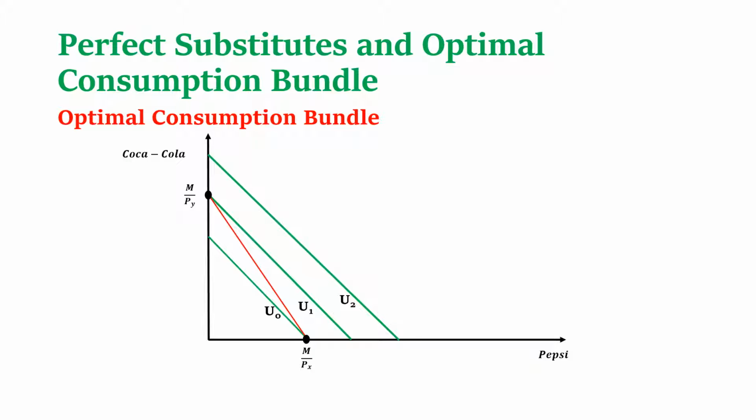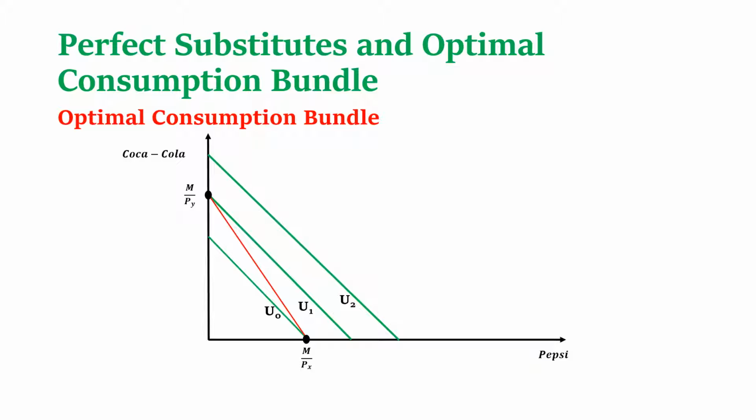Now, if we take a look at this diagram, we notice that we have Coca-Cola on the vertical axis and Pepsi on the horizontal axis. So we have the indifference curves U0, U1 and then U2.